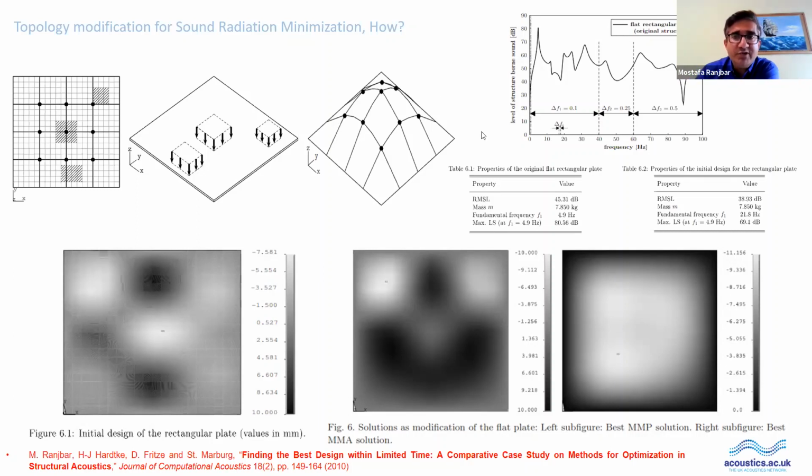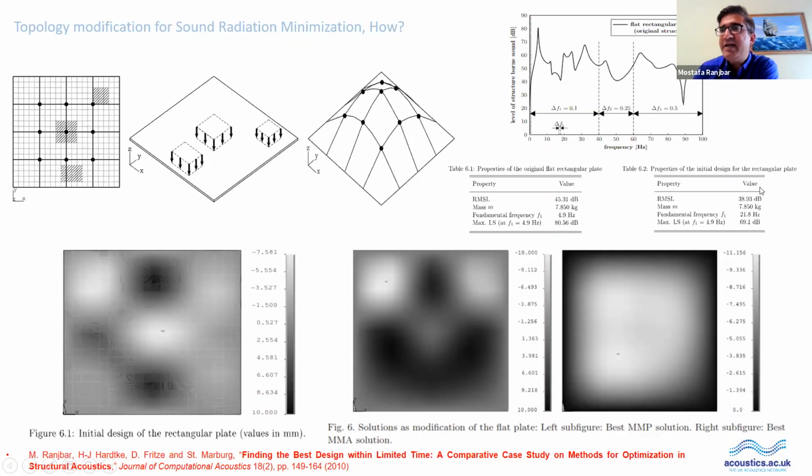For the rectangular plate, the root mean square level of the radiated sound power over the frequency range of 0 to 100 is about 45.31 decibel. The mass is given here, so the initial fundamental frequency is provided, and the maximum level of sound.